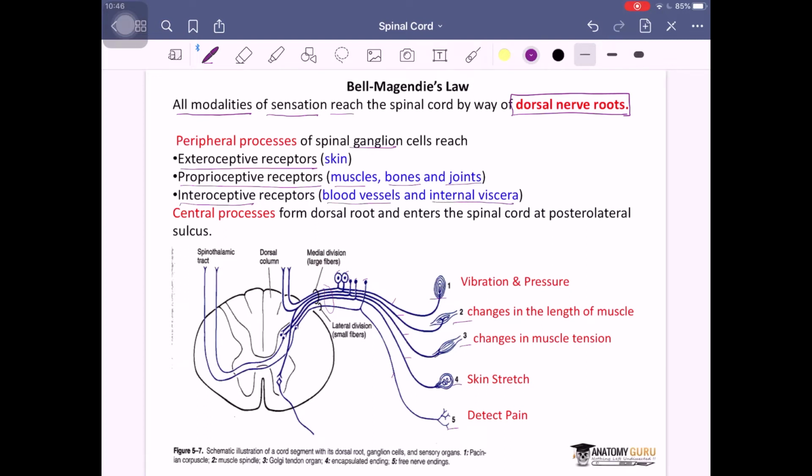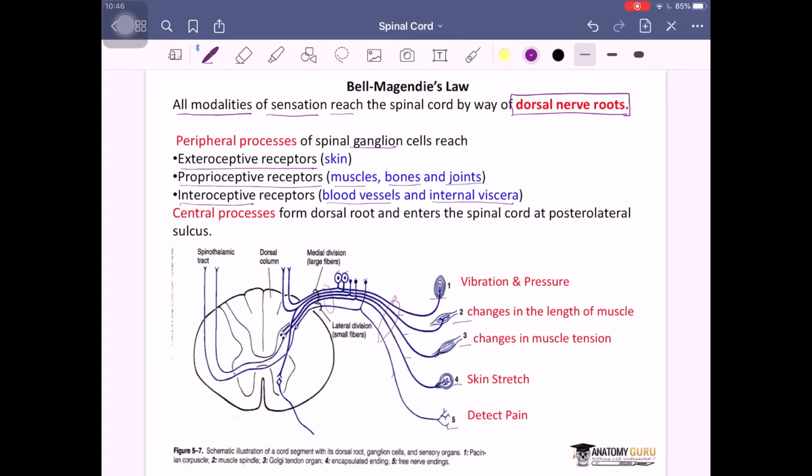So you can classify a sensor or receptor into three types: exteroceptive, located within the skin; proprioceptive, located within the muscle, tendon, bones, and joint; and interoceptive, present within the blood vessel wall and the wall of the internal viscera. This is from where the peripheral process of the spinal ganglion will bring the information.